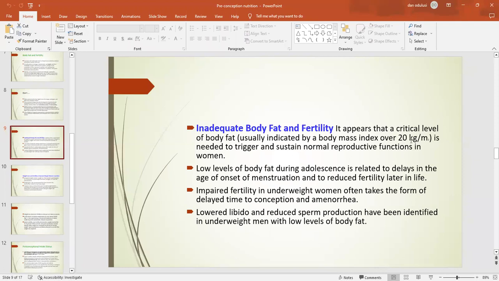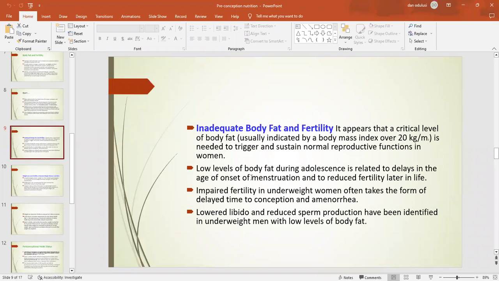Below 20, many use the cutoff of 18, but for our purposes, below 20 is severe undernourishment with very low body fat. Above this, up to below 30 is the normal range, and that usually is for normal reproductive functions in women. Low levels of body fat during adolescence are related to delays in the age of onset of menstruation and to reduced fertility later in life.